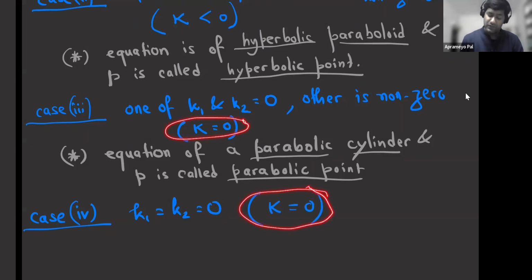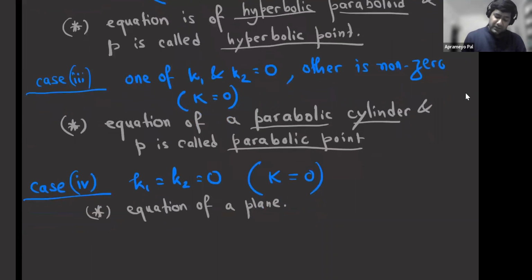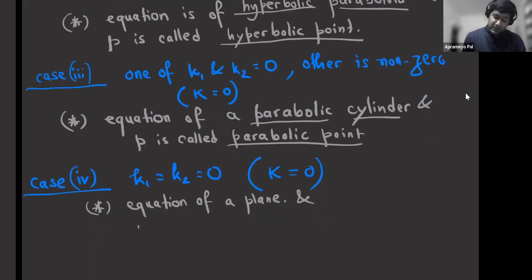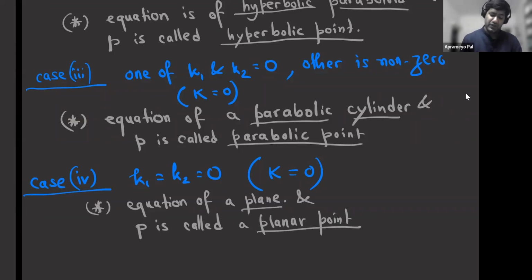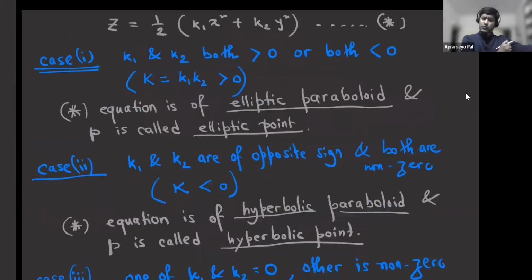If this is the case, then star is the equation of a plane, which we have already seen, and P is called a planar point. So these are the four classifications in terms of kappa 1 and kappa 2, or in terms of the Gaussian curvature.